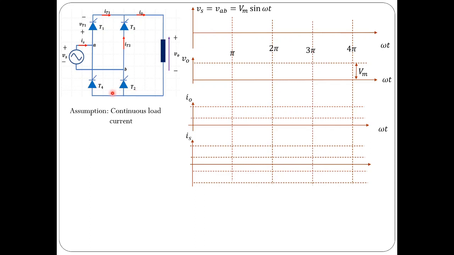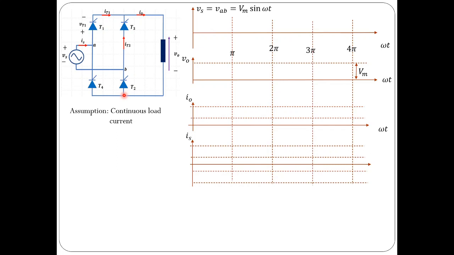Similarly, T2 and T4 have a common anode terminal. For all thyristors or diodes having a common anode, the thyristor which has lesser cathode voltage would be forward biased. For example, here VB is less than VA. In that case, VB is less, so this would have more forward voltage, so this is forward biased.